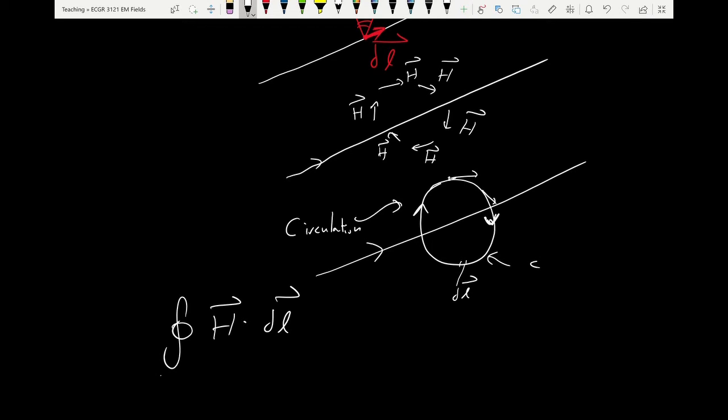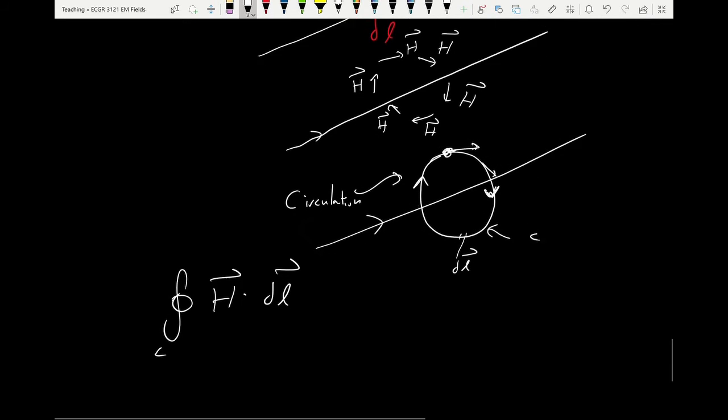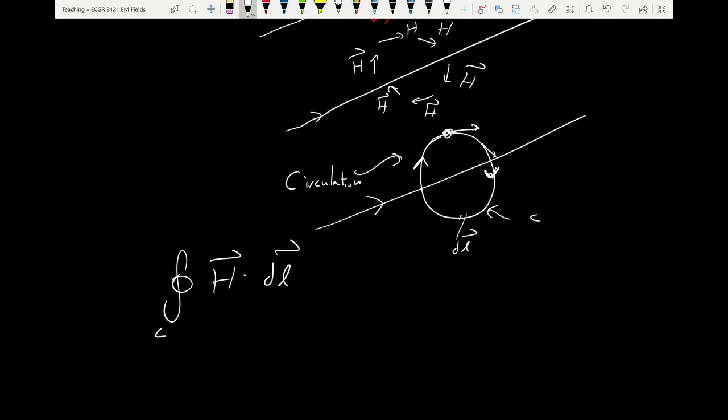The field is always tangential to the curve, so there are no normal components. And what turns out, and this follows from the Biot-Savart law, is that when you calculate this circulation, it exactly equals the I enclosed, the total current flowing through the surface enclosed by this circulation.